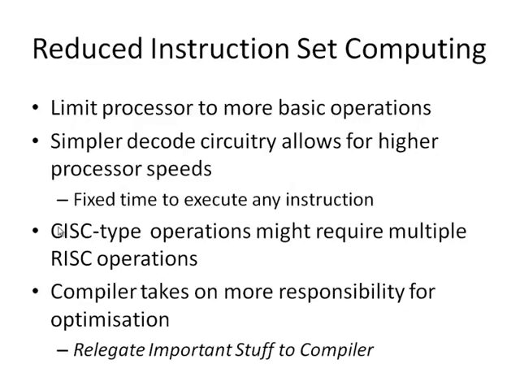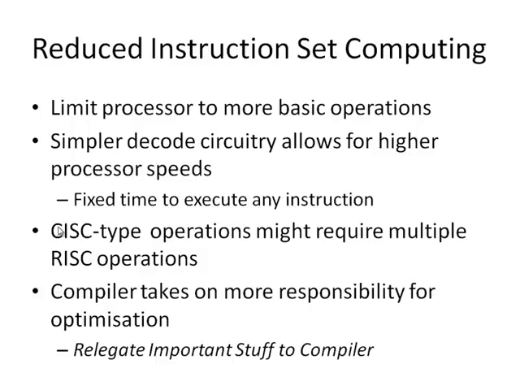The alternative approach is termed reduced instruction set computing, RISC. One of the core ideas here was really to limit the processor to more basic operations, and that the simpler decode circuitry would allow for higher processor speeds. There would be a more fixed time to execute any instruction, so that it's more predictable how long it takes to operate different instructions, because they all operate at the same time.